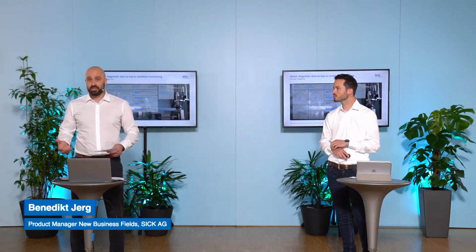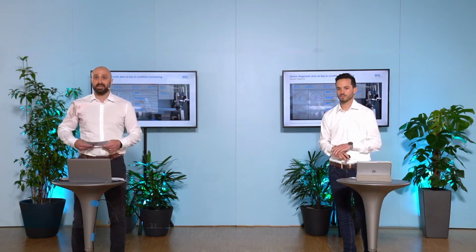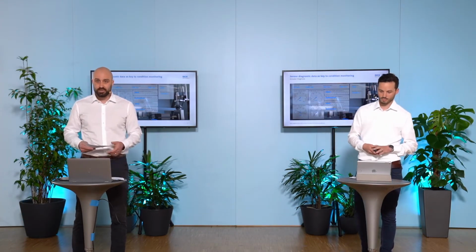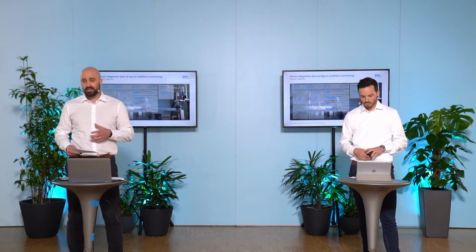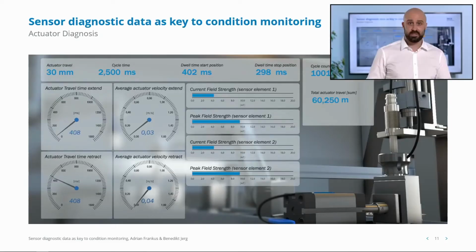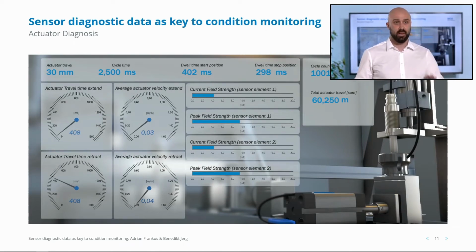As already mentioned, MPS-G measures the actuator travel, the cycle times, the dwell times, the current field strength, and so on. And with the actuator diagnosis data, it is possible to see what happens inside the actuator during the operation. And so conclusions can be drawn regarding the entire machine process.